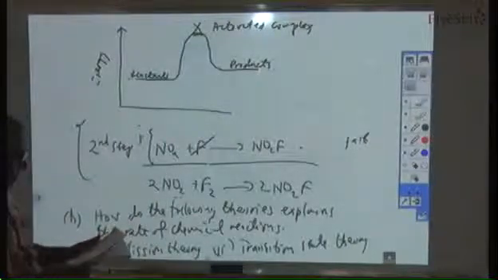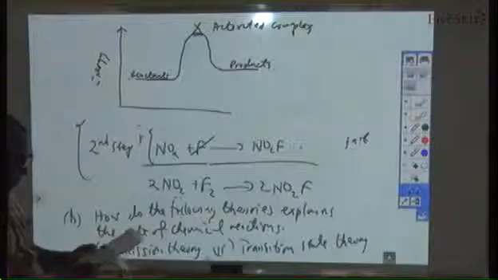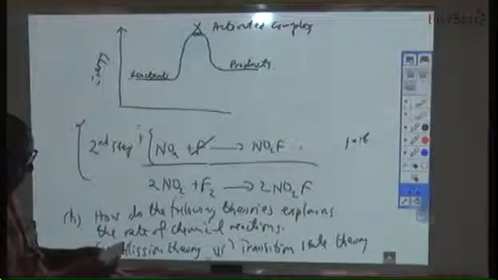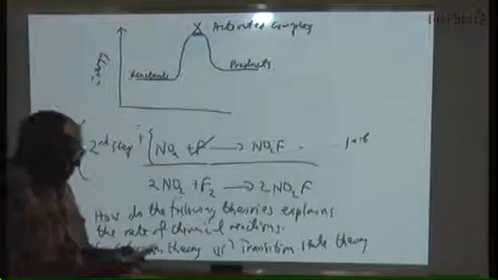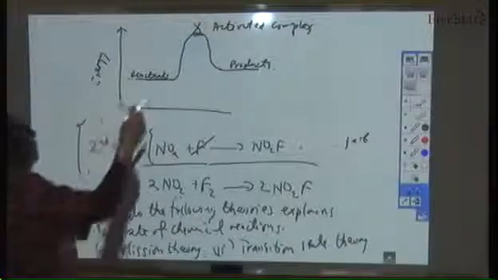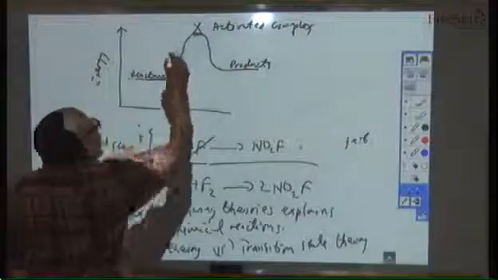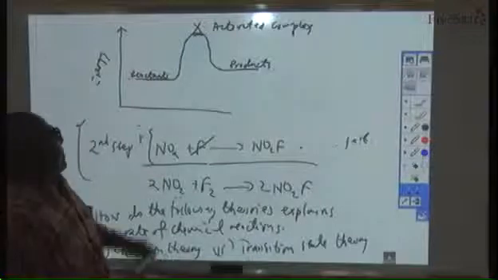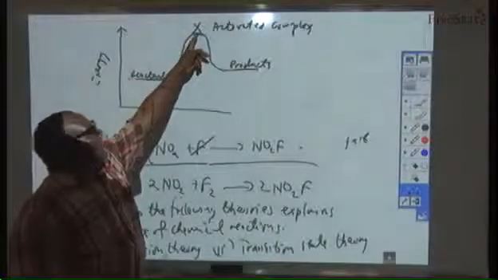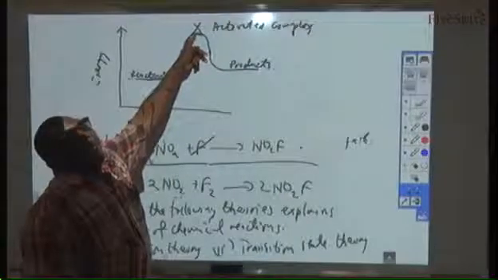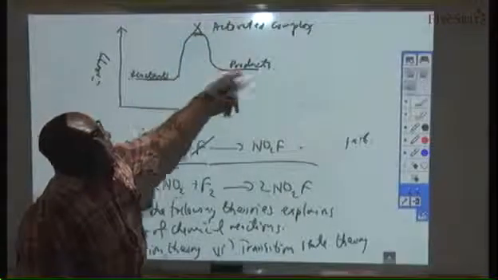Therefore, how do we relate this with the rate of chemical reaction? The rate of chemical reaction will depend on how fast the transition compound, the activated complex, is formed and how fast it breaks down to form the product.